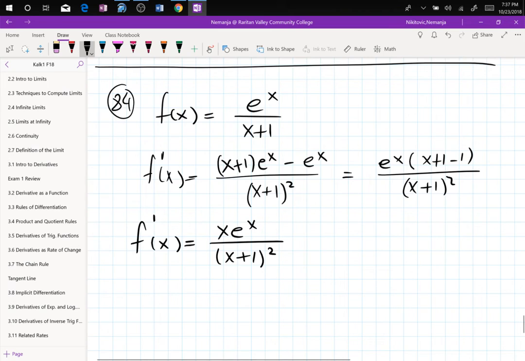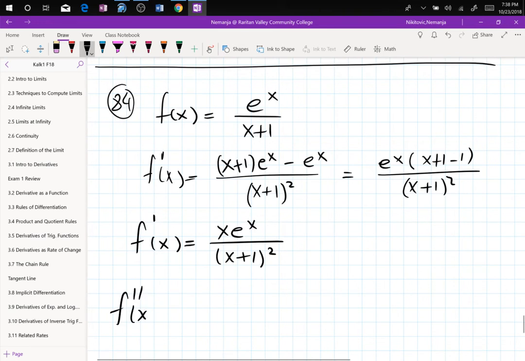Another quotient rule? Please kill me now. Chain rule again. Anything easier? Logarithmic differentiation, exactly. Designed to just ruin this.